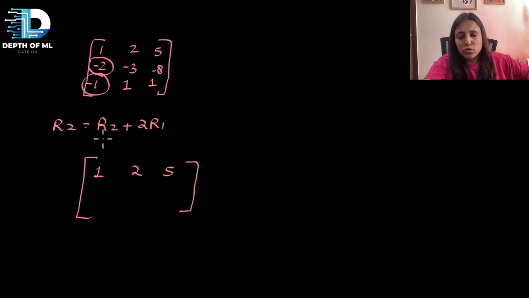I'm going to do minus 2 plus 2, that is 0, minus 3 plus 4, that is 1, and minus 8 plus 10, which is 2. Then I will do R3 equals R3 plus R1. So I am going to reduce this to 0. So this got reduced to 0. Now I am going to add this 1, 2 is 3, and then 1, 5. Right? So this is 6.